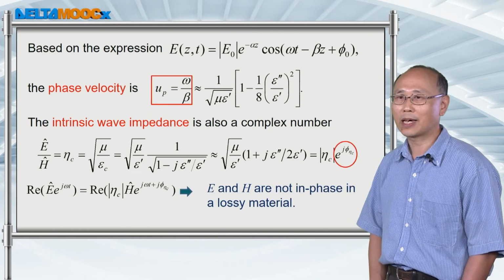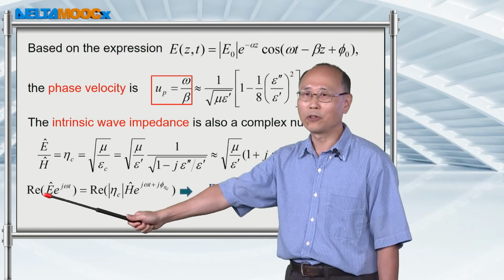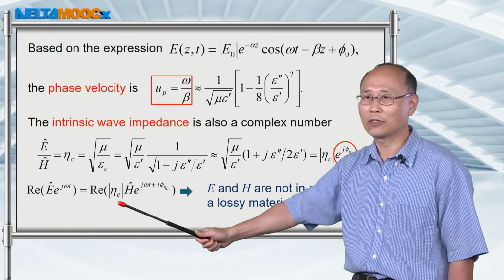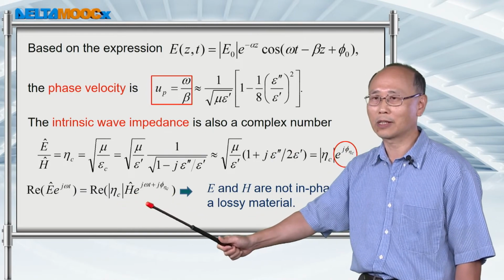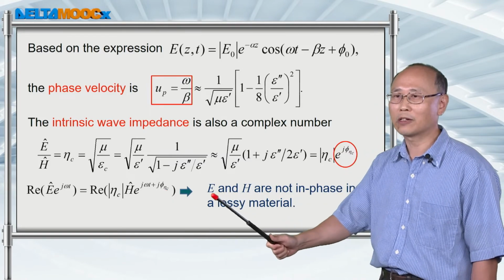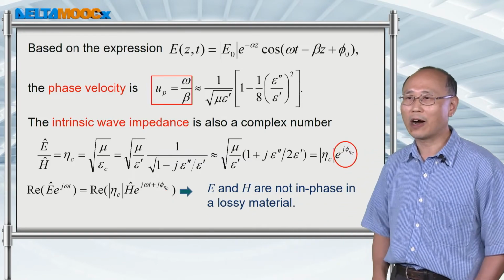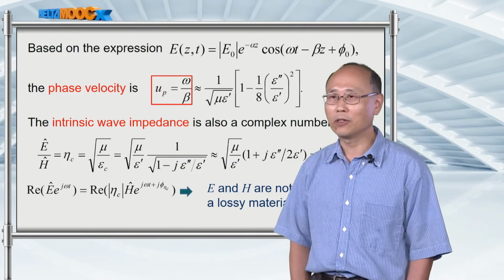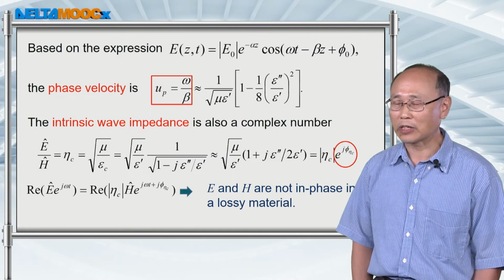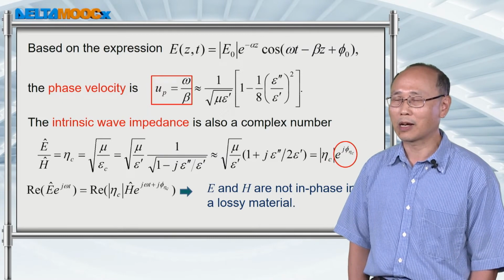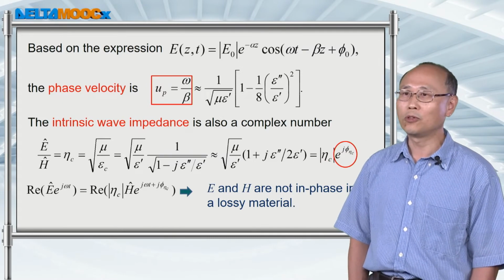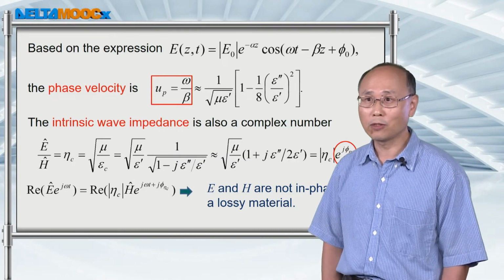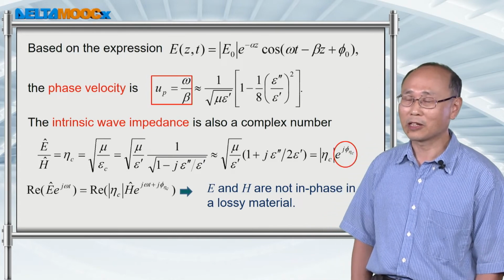This means that there's a phase angle associated with this intrinsic wave impedance. And what it means is that when you try to relate the electric field to the magnetic field, then you have to consider this phase angle in this calculation. This means that in general, electric field and magnetic field are not in phase in a lossy material. And I explained to you when we talked about a piece of good conductor, you send an electromagnetic wave to a piece of good conductor, and the electric field will be busy pulling the electrons.